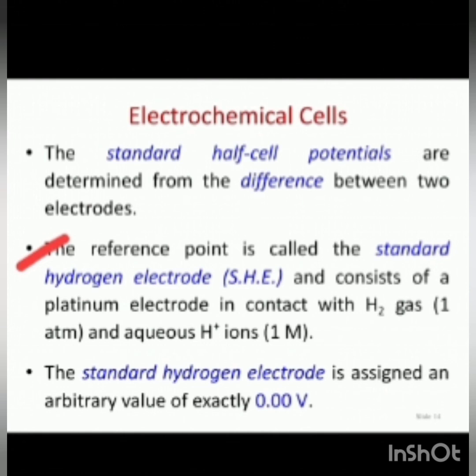Hydrogen gas is at 1 atmosphere, and aqueous H+ ions are at 1 molar concentration. The SHE is assigned an arbitrary value of exactly 0.0 volt on the basis of the electrochemical series.